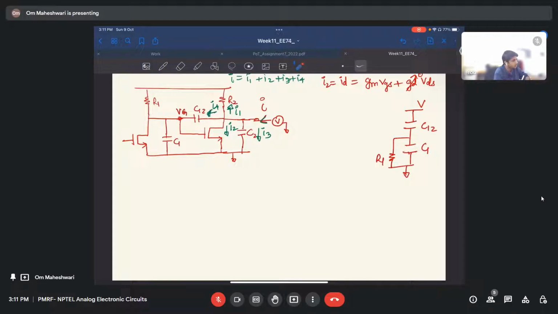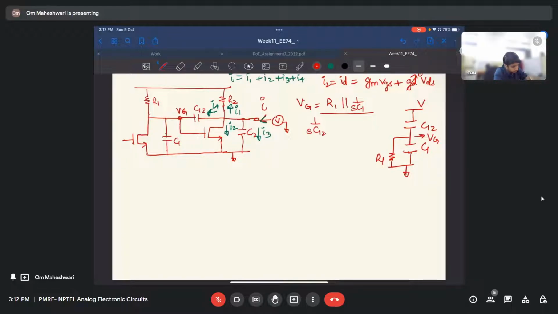There is no current flowing through this transistor. If I apply V here, current will go here and here, right? So this is simply what I have drawn. If this is voltage V, we have to find this VG here. So what is VG? VG will be equal to R1 parallel 1 by SC1, divided by 1 by SC12 plus R1 parallel 1 by SC1.